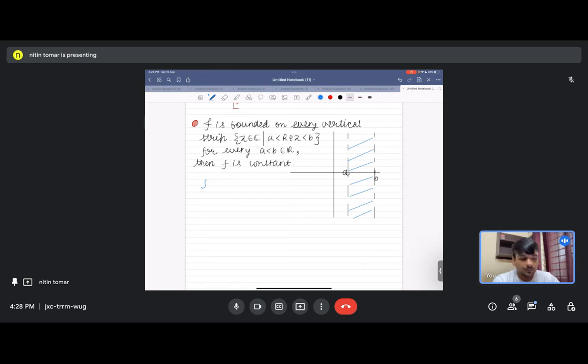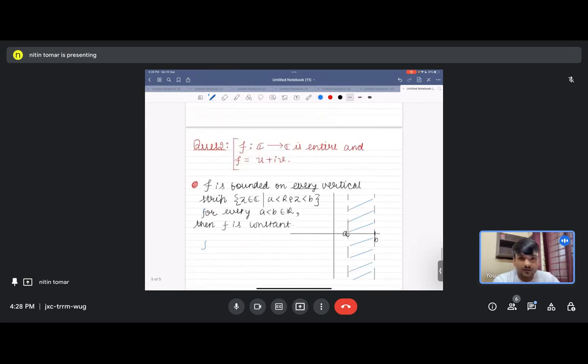We have been given an entire function. What does Liouville's theorem say? It says that any entire function which is bounded has to be constant, right? Every bounded entire function is constant.